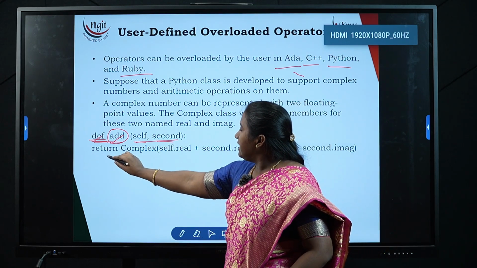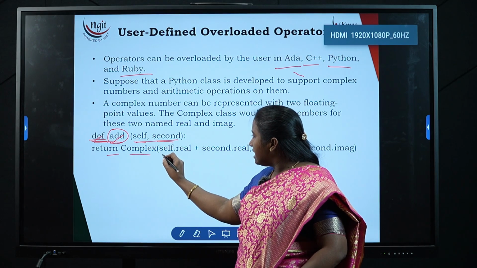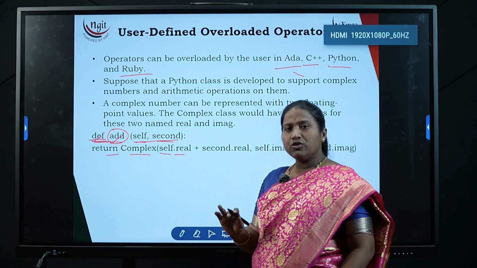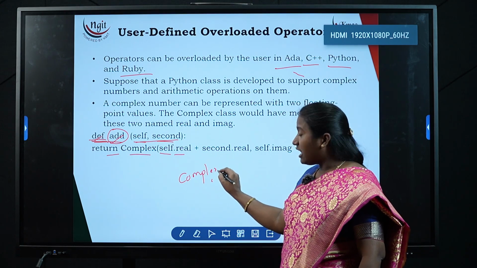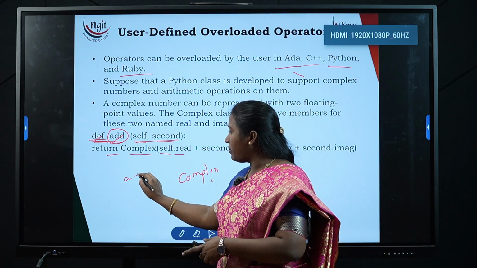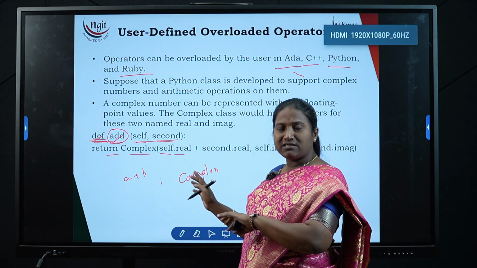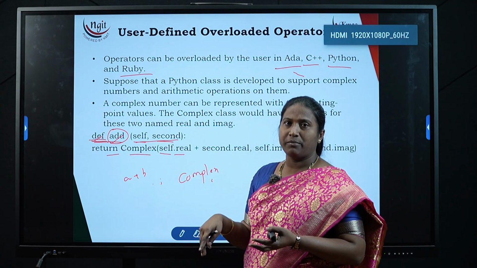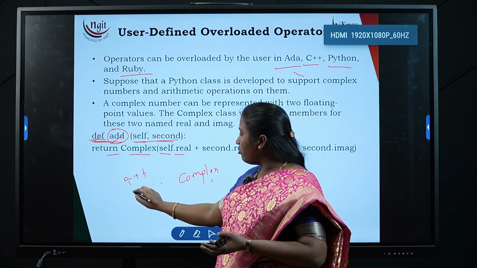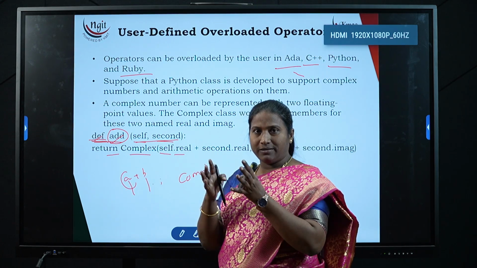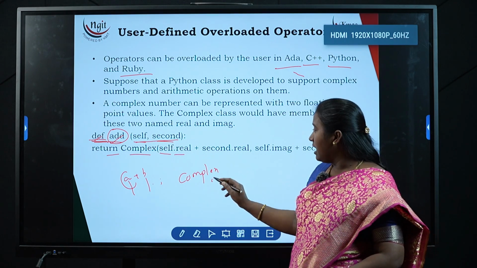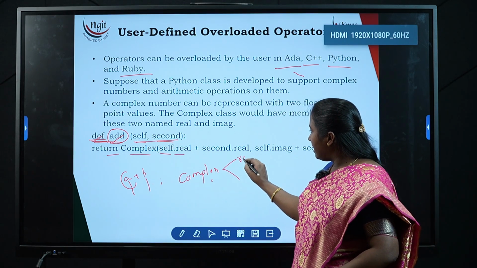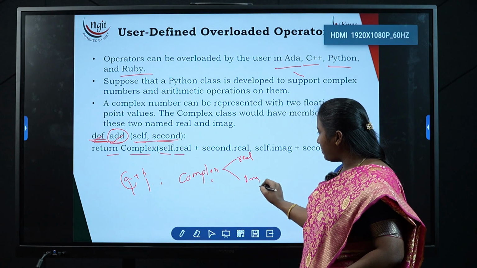Now return complex, look at this self dot real. A complex number cannot be added as simply as a plus b, like a normal number, because a normal number has only one part, whereas a complex number has two parts to add: a real part and an imaginary part.